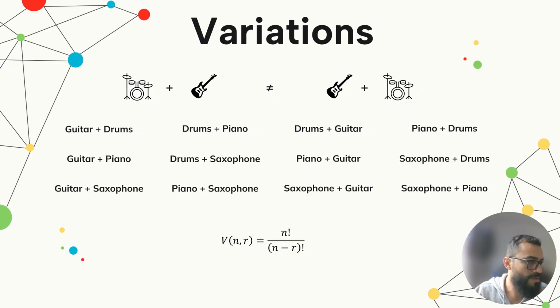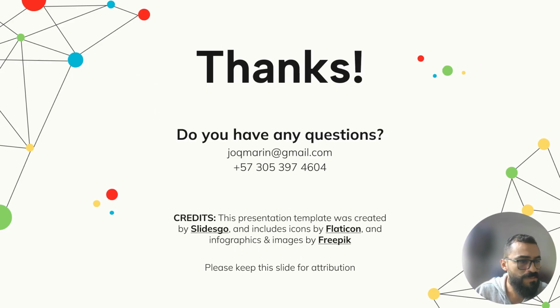So n represents the total of elements that we have in the set, and r represents the amount of elements that you're gonna be picking from that set of elements, right? That's pretty much the example that I wanted to give you so you can understand more easily the difference between combinations and variations.